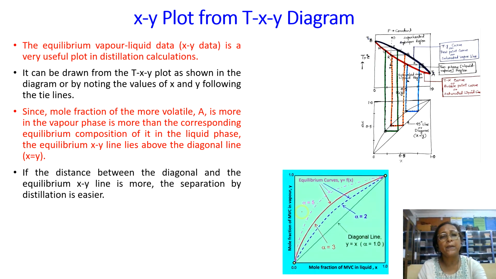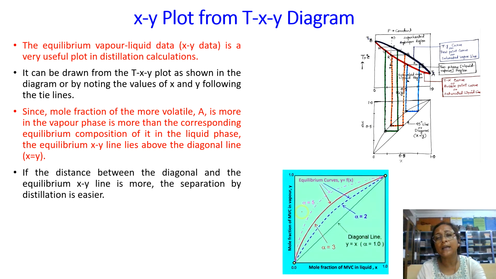Now the equilibrium vapor-liquid data, XY data, is a very useful plot in distillation calculations. It can be drawn from the TXY plot as shown in the diagram, or by noting the values of X and Y following the tie line. We have to draw X versus Y data, where Y is plotted along the Y axis, X is plotted along the X axis, and the X equals Y line is denoted by the diagonal.